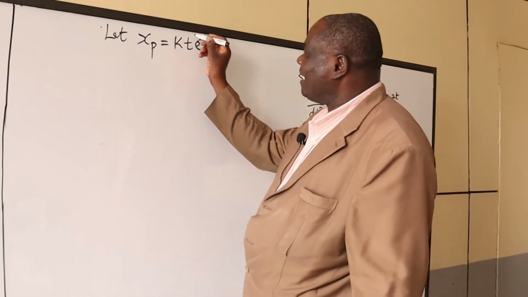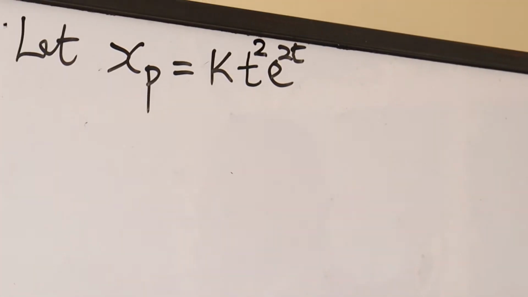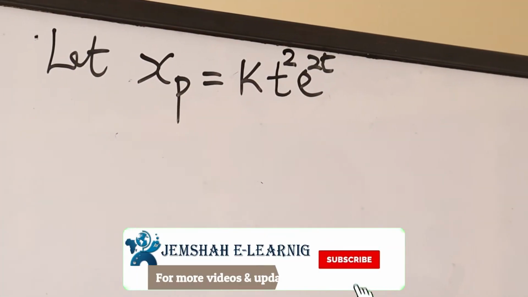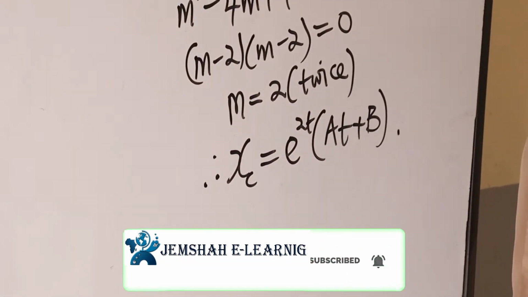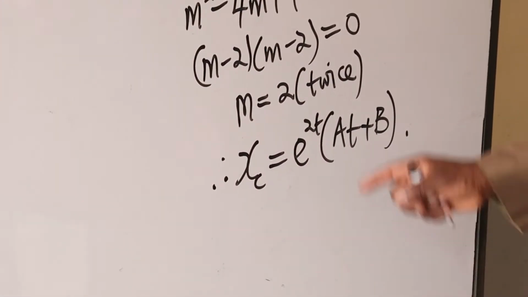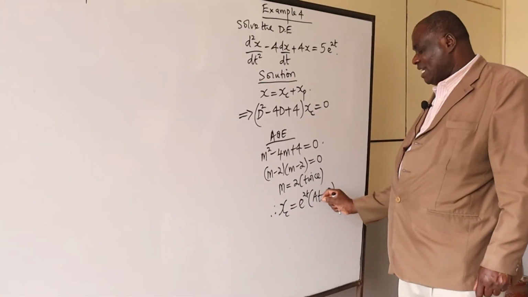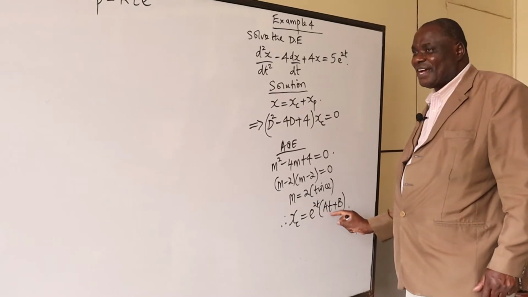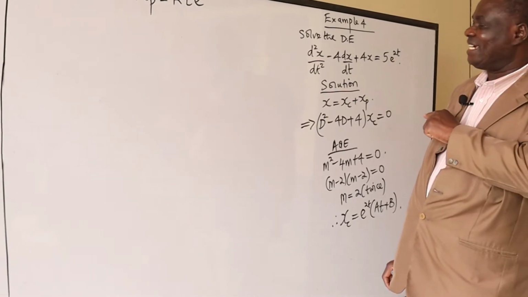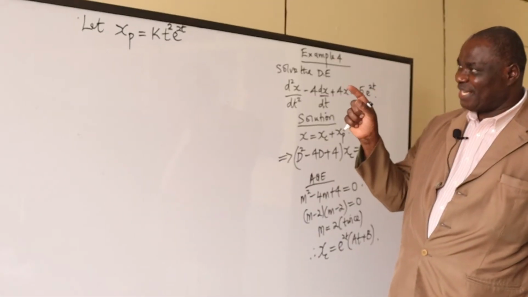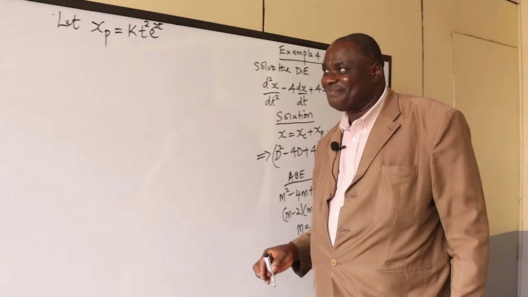We multiply this by another t, which will take it to t squared. So k t squared exponential 2t. When you now check this against the complementary function, we don't have such a term here. That term is standalone, and it is not in this complementary function. Therefore, that would be the correct letting for xp for the particular integral of this differential equation.